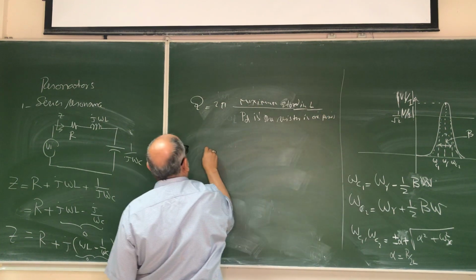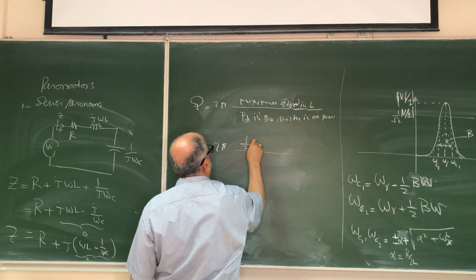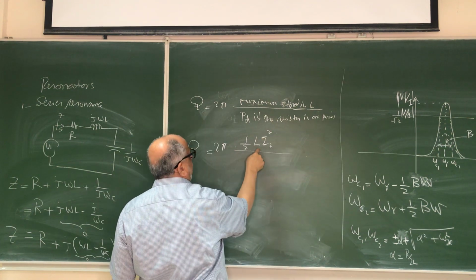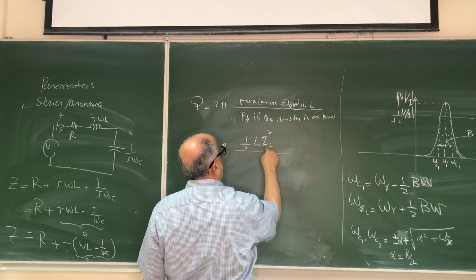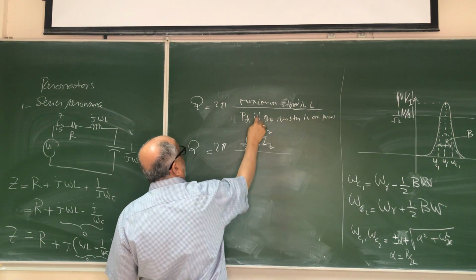So in this case, Q is equal to 2 pi, and the energy stored in the inductor is half L I squared, where I is the peak value, divided by the energy dissipated.